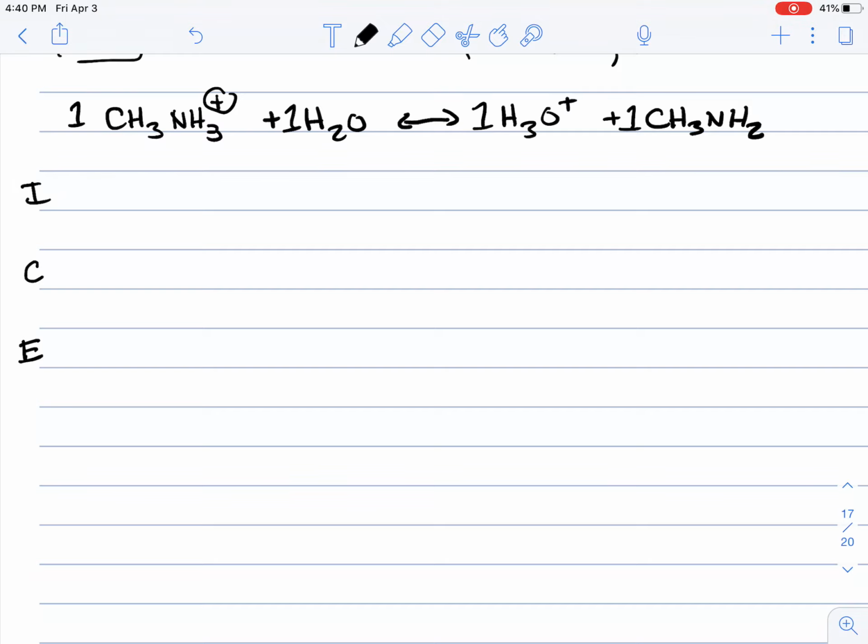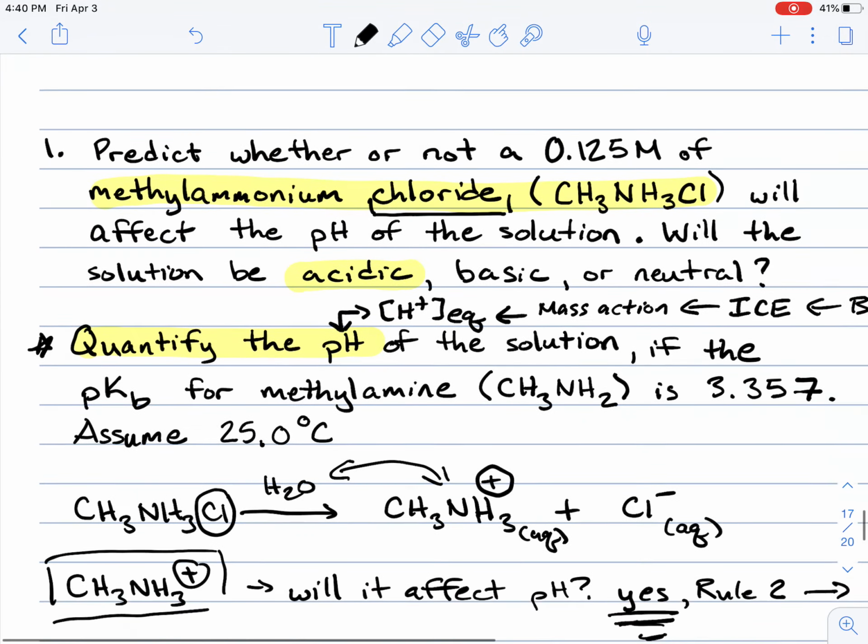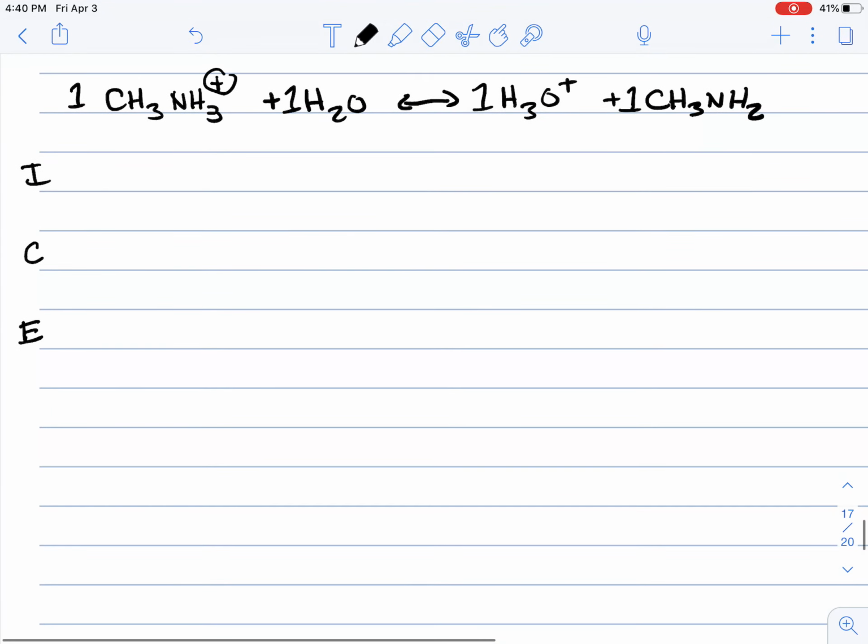And so our initial concentration is going to be 0.125 molar. Now, before I continue, I need to make sure that I have the correct physical states of matter. And so remember that water is going to be our solvent for any solution.